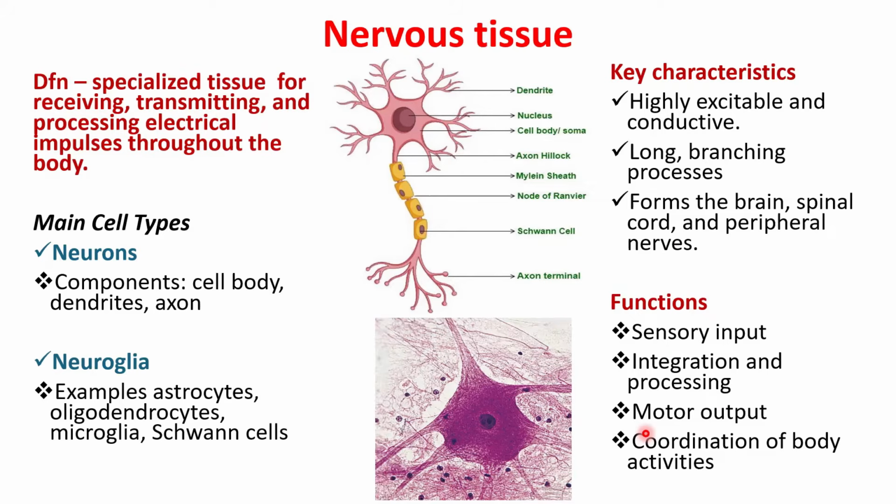And then it will give out a motor output through nerves, which are nervous tissue, to maybe the hand, and tells the hand to contract a muscle, flex a muscle, extend a muscle to remove the hand from the fire. So that's the functions of that. And through that, it is able to coordinate the body activities such as movements and such things.